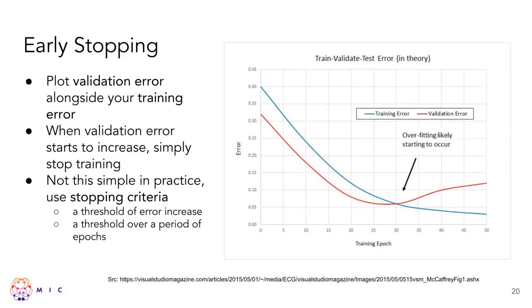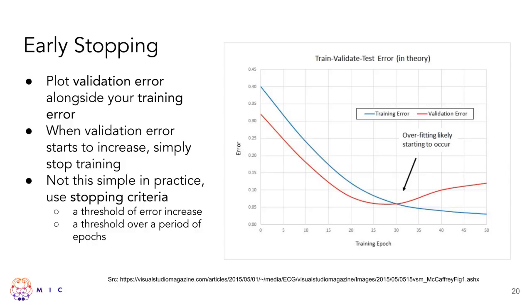So what early stopping says is, okay, plot your validation error alongside your training error, and when validation error increases too much, then just stop training because any more and you're going to overfit. So just note, we train in epochs. One epoch is one iteration over your entire data set. And after that, you'll perform on your validation set and save the parameters. That's what I mean when I say plot validation error alongside your training error.